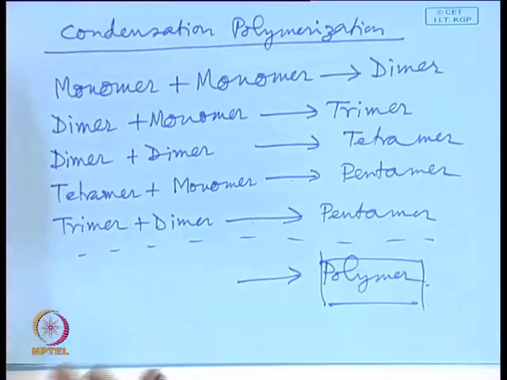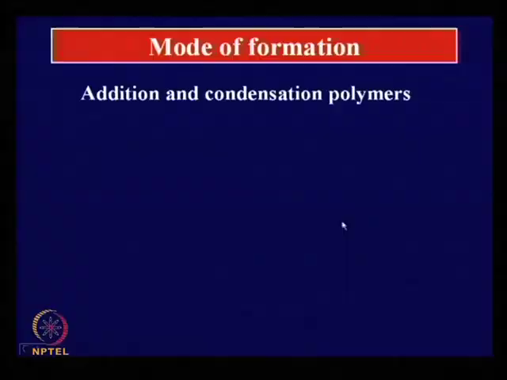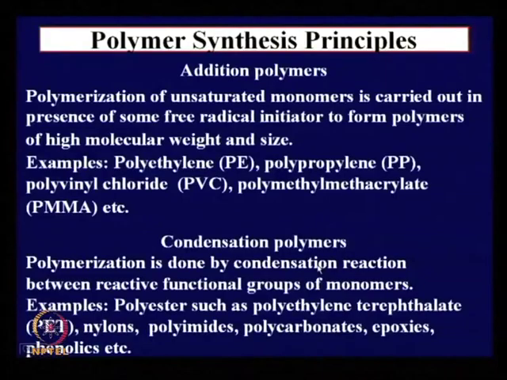Okay. So, now you understand the examples of these polymers: what are the addition chain polymers, what are the condensation polymers. I have already told the synthesis principles. Addition polymers, examples: polyethylene, polypropylene, polyvinyl chloride, polymethyl methacrylate, polystyrene, polyacrylates, styrene butadiene rubber, polybutadiene rubber, chloroprene rubber, all made by the addition chain polymerization principle.